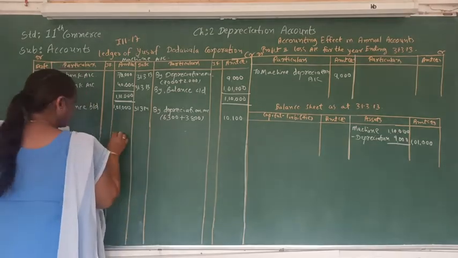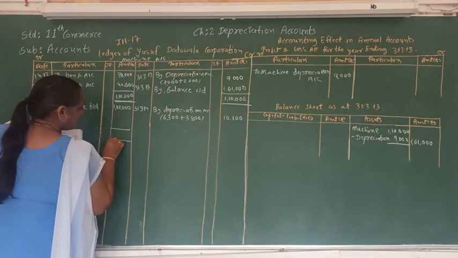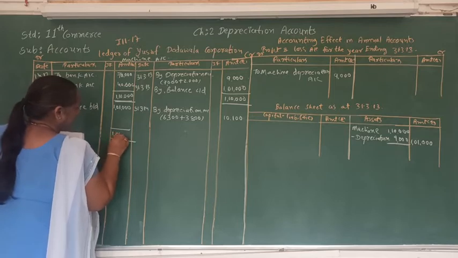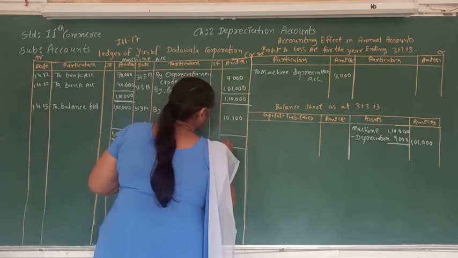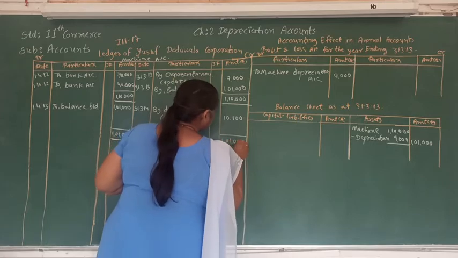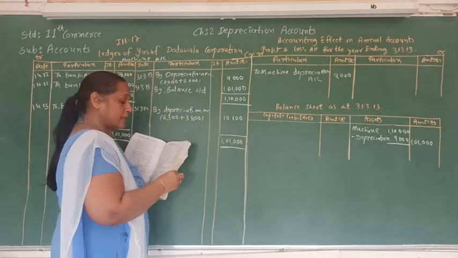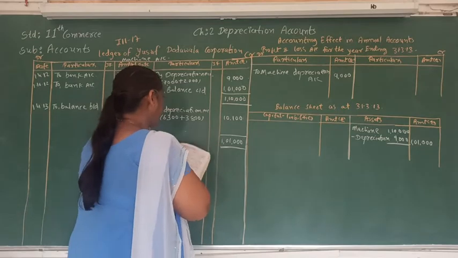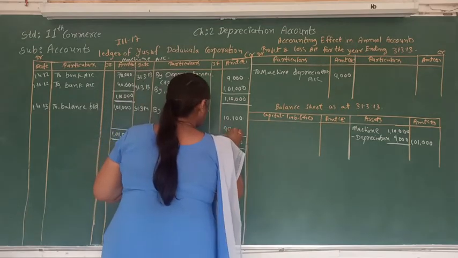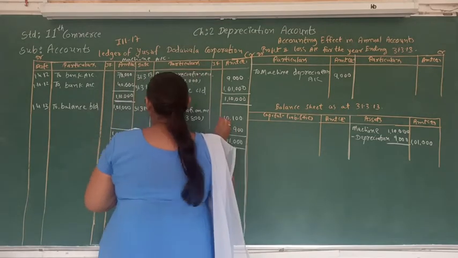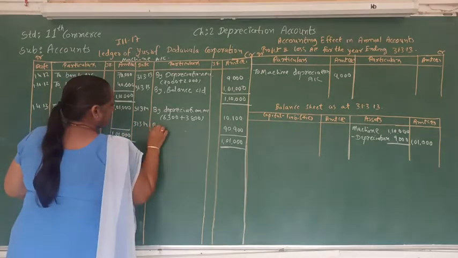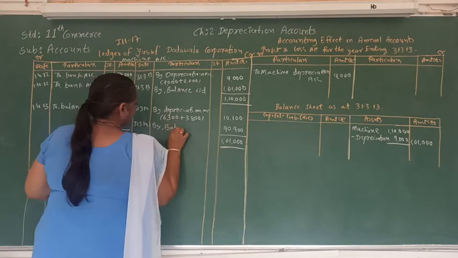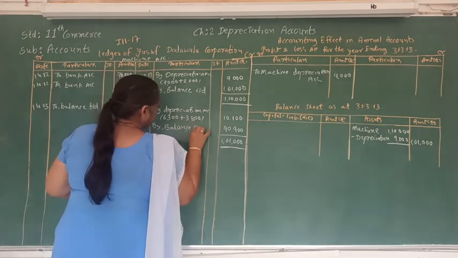Now let's calculate the balance of the machine account at the end of the second year. From 1,01,000, if we deduct 10,100, the balancing amount will be 90,900. So this is the balance on 31/3/14 by balance carried down.